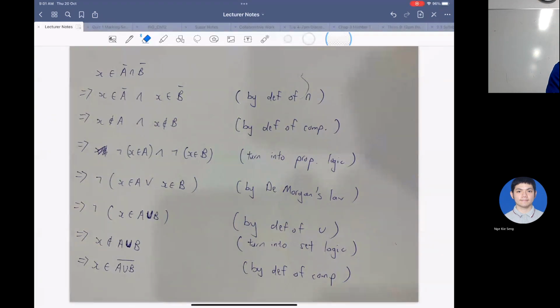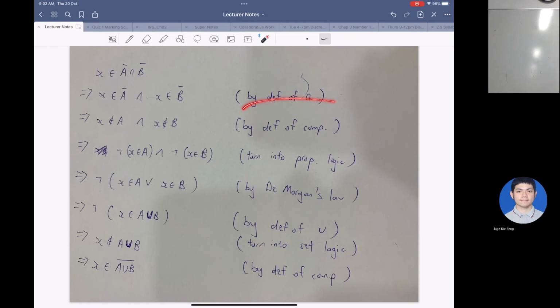One thing about the working you need to show in the exam or answering the question. When you write the step, make sure you write the reason you can do the step, either by definition or by laws or by proposition or theorem.